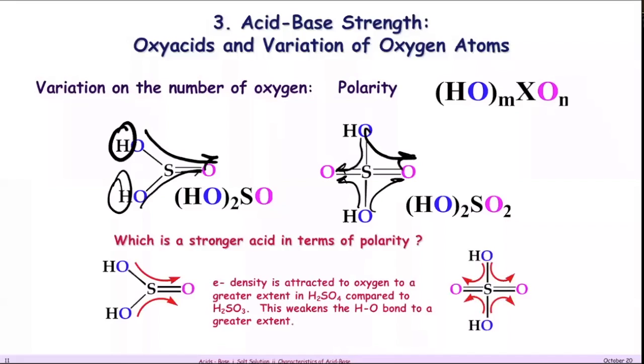Sulfuric acid indeed is much more acidic. H2SO4 is much more acidic than hydrogen sulfite, H2SO3. That's this guy right here. Why? Because this has 4 oxygens, this only has 3.